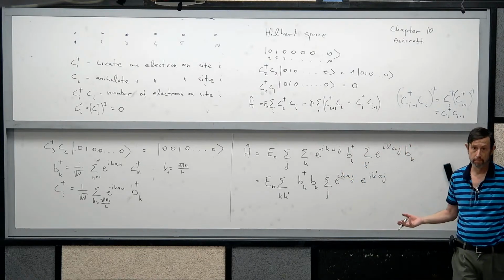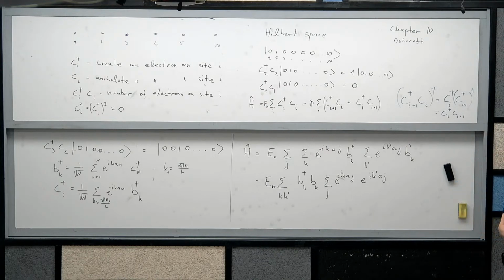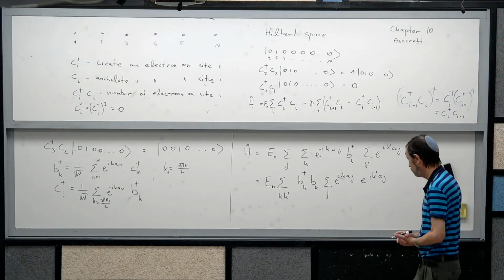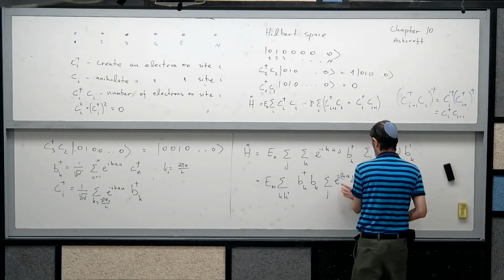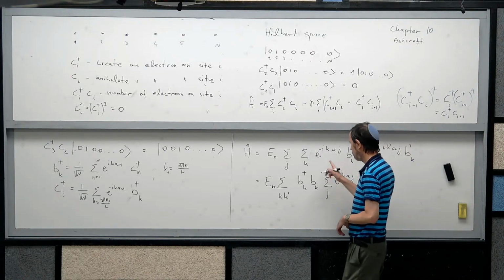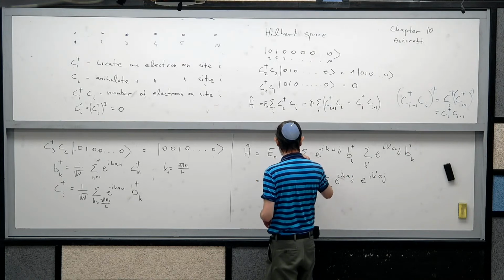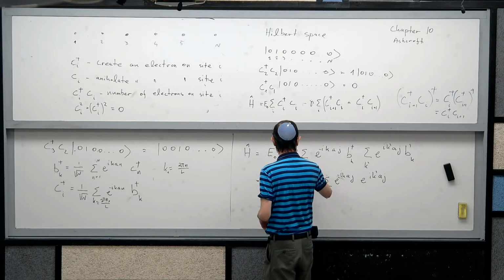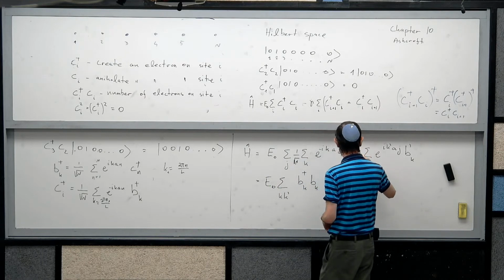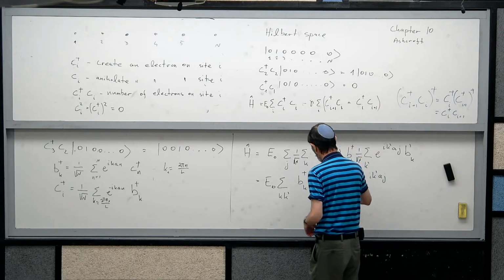Just change the order of summation. For a finite sum, I am always allowed to do it. And of course, you can scream at me that I forgot the 1 over square root of n and 1 over square root of n, so I have here 1 over n.